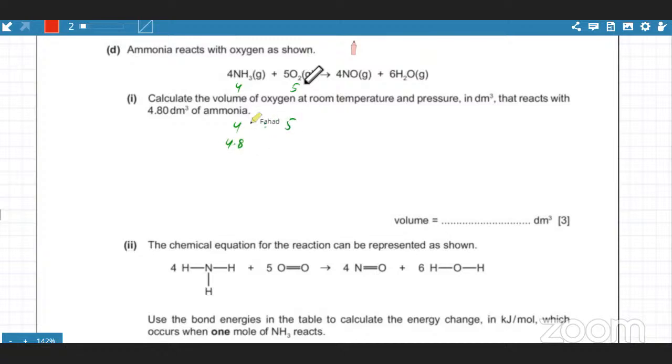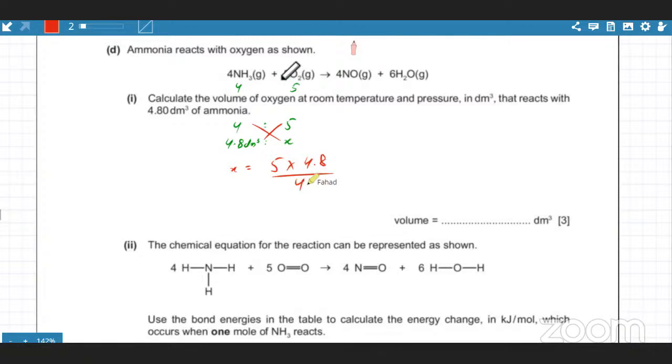4.8 dm cube would react with, according to this ratio, X, and I'm going to do crisscross and try to figure out what that value is. X would come out to be equal to 5 into 4.8 divided by 4. Now remember this part, this is a shortcut. You don't have to calculate moles.